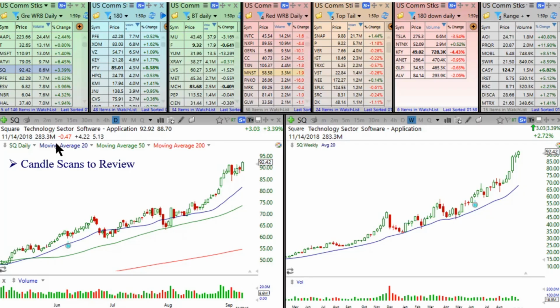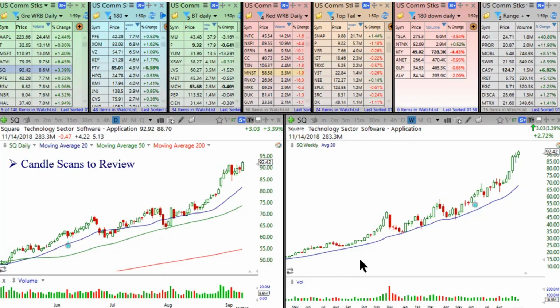I can put different criteria in these minders. But what I do is, these simple minders or simple scans, I just start looking through the active ones. And as I click on any of those symbols, it populates the two charts, and I start my scanning process to cherry pick the stocks that I'm focused on.